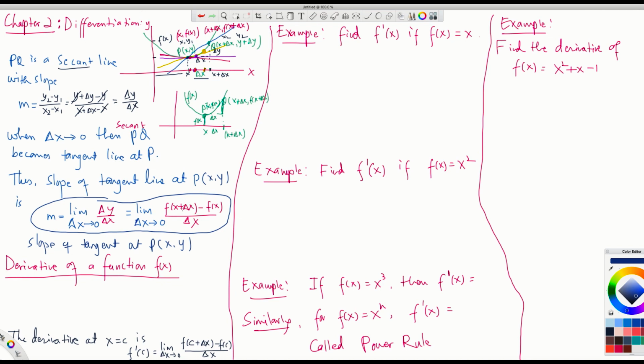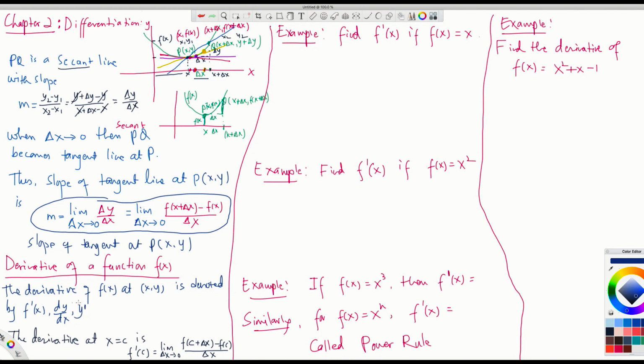Okay, let us define the derivative of a function. The derivative of a function at a point is basically the slope of the tangent line. We denote the derivative of f of x sometimes by f prime of x, or by dy over dx, or some people denote it by y prime.